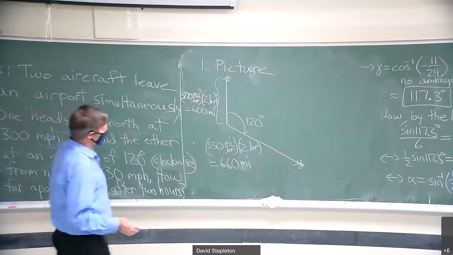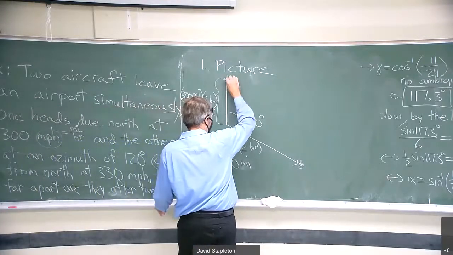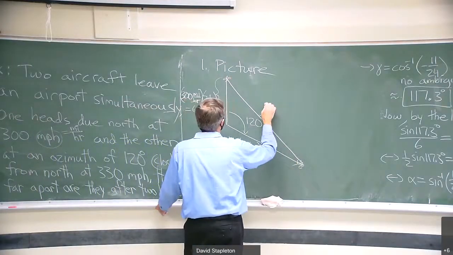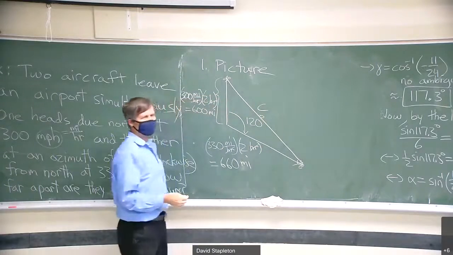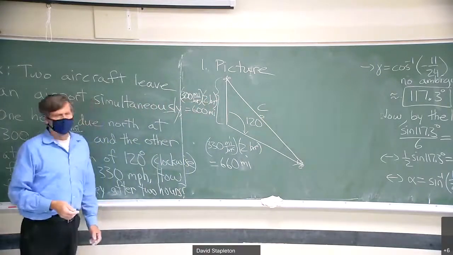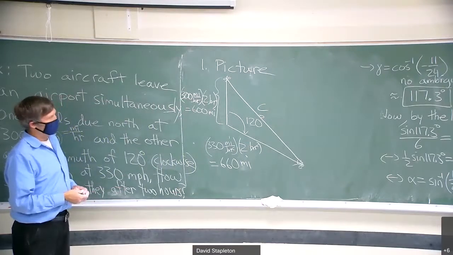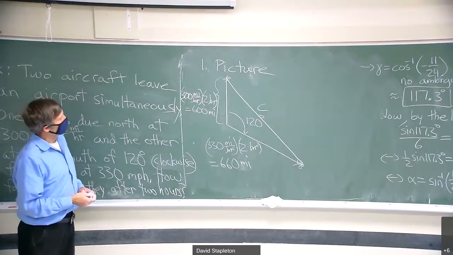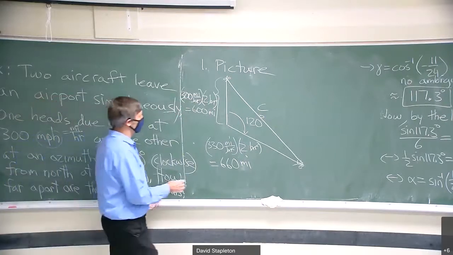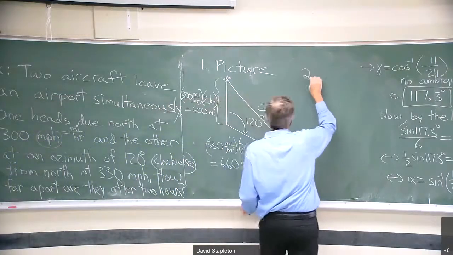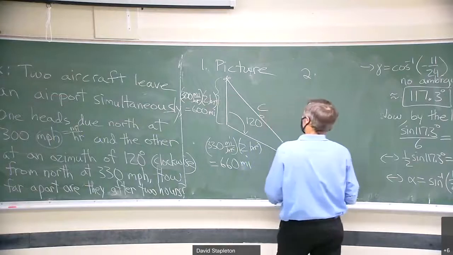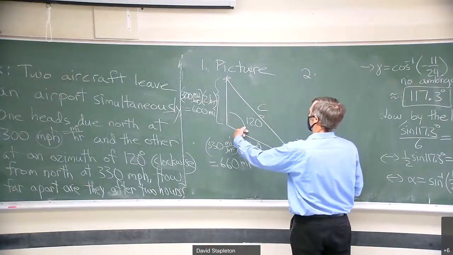Now I also want to draw the thing I'm trying to find, the distance between them. Let's call that C. Why would I call that C? Don't have to, call it D. Sometimes D is more suggestive. I'm going to call it C because I recognize all of a sudden, what kind of law do I use for this? I use law of sines or law of cosines. It's clearly an oblique triangle because this is not a 90-degree angle.